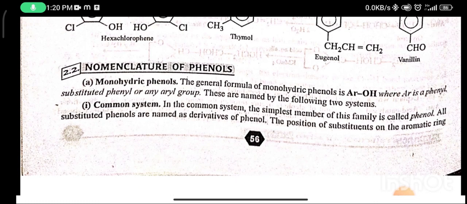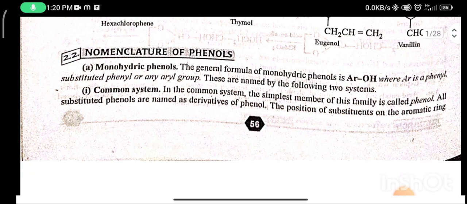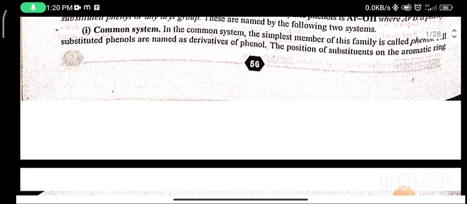Nomenclature of phenol. Monohydric phenol. The general formula of monohydric phenols is ArOH, where Ar is a phenyl, substituted phenyl, or any aryl group. These are named by following two systems. Common system. In the common system, the simplest member of this family is called phenol.